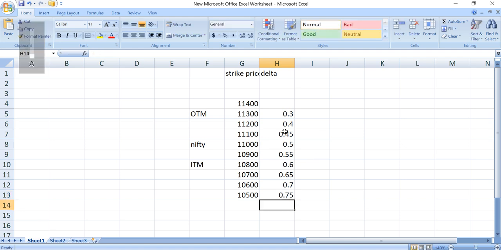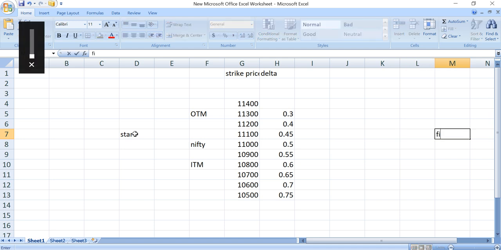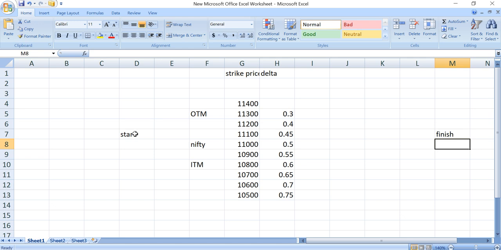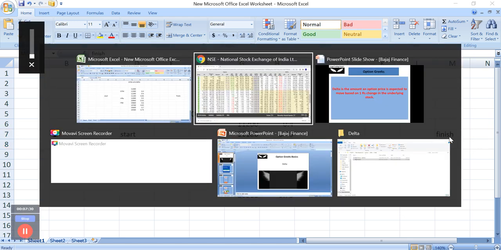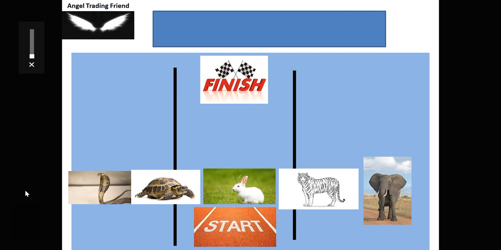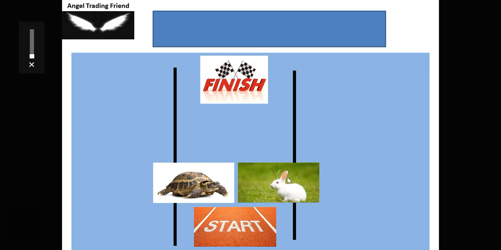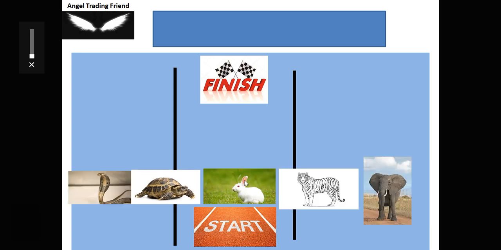Now let's imagine this is a race which is starting here. This is the start point and this is the finish point, just like the race which we had. In the previous example, you knew that the rabbit is going to reach faster than the tortoise. In this case we don't know who's going to reach fast.